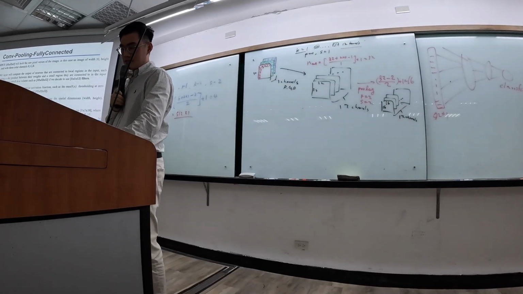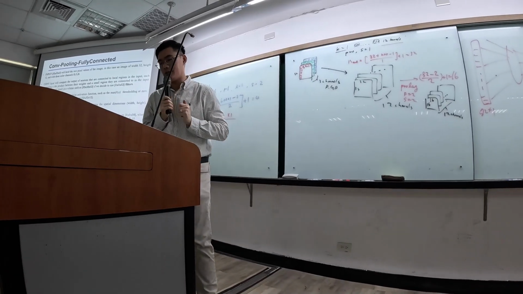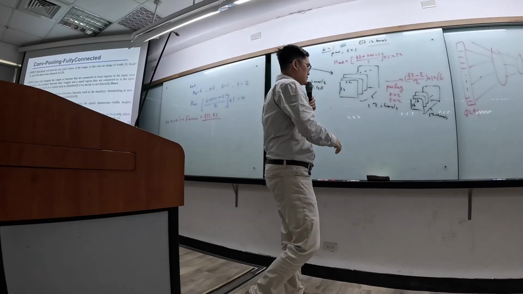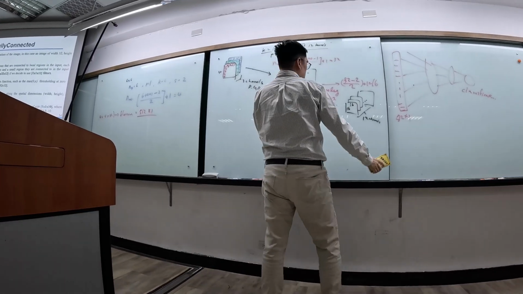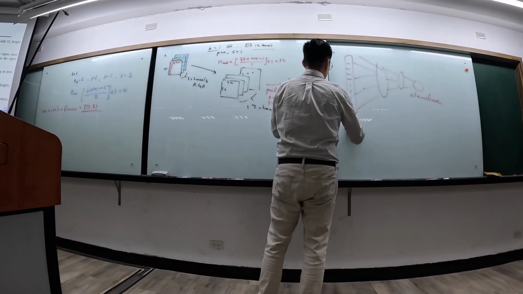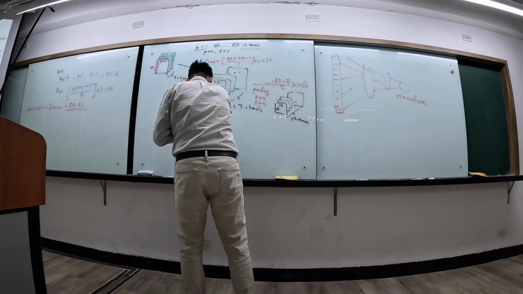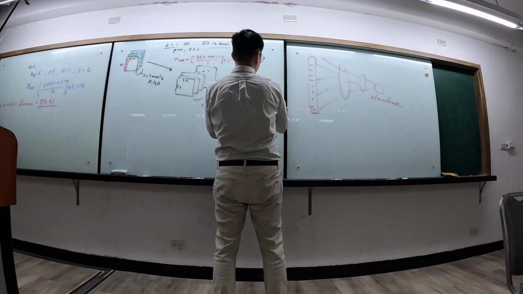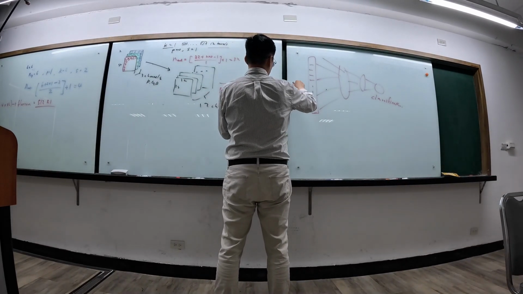Now, after that, we can work on the fully connected layers. So 16 by 16 by 12. Let's do the flatten.